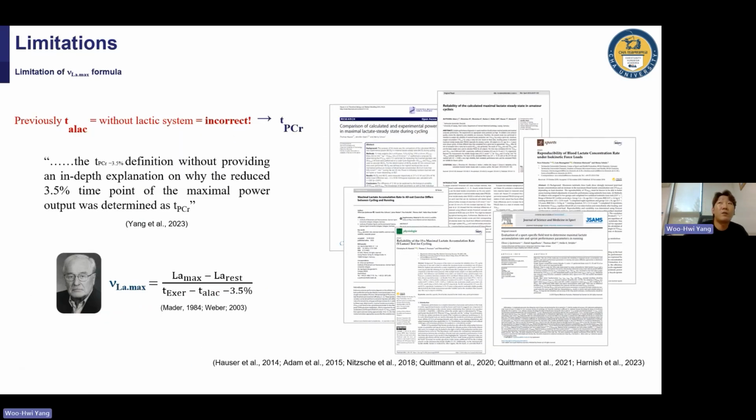There is an additional problem with the TPCr definition in several previous studies. The TPCr was defined as the time point of a 3.5% decrease of the maximal power output, without an in-depth explanation of why.